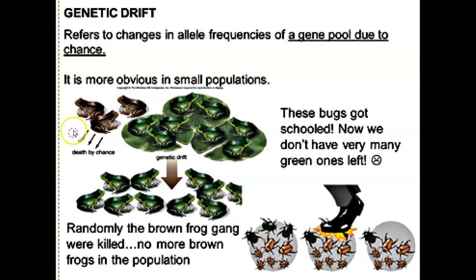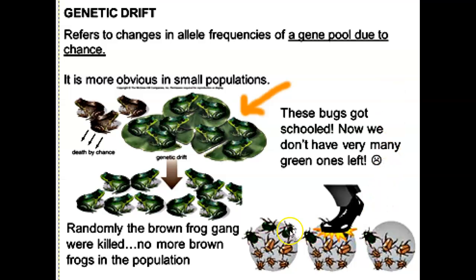In this case, they just died by chance. Maybe a big rock fell and smashed those ones, and so all the ones that were left are green ones. So in this case, no more brown ones in the whole population. They're wiped out. Let's assume that was the recessive trait.